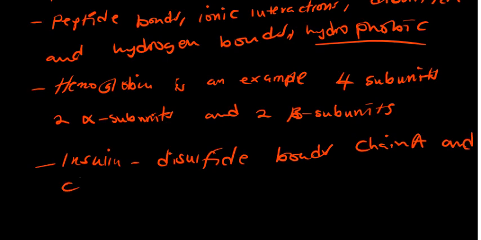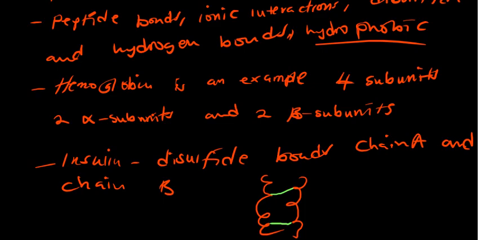So we can have something like this, and another one like this. So let's use a green color. So here, maybe joined here. So these are the disulfide bonds that we are talking about. So this is chain A. This is chain B.